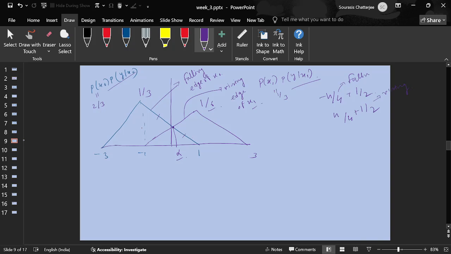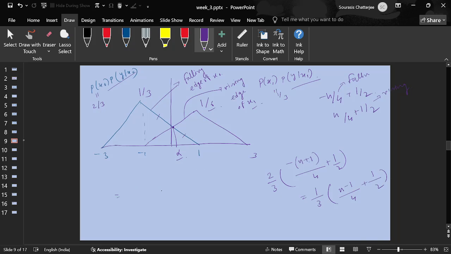When you talk about x naught, that is already shifted by 1, so it should be minus (n plus 1), that is minus of minus 1 divided by 4 plus 1 over 2, and there is a prior probability involved, and that is 2 over 3. This should be equated with 1 over 3 times the rising edge of x1, and the rising edge formula is n over 4. Now it's shifted by 1, so that means n minus 1 by 4 plus 1 over 2.